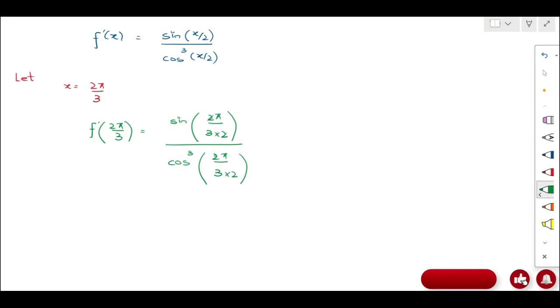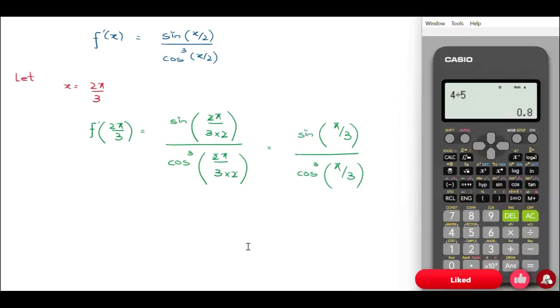Okay, this 2 and this 2 are cancelled out, and here we have sine of pi by 3 divides cos cube of pi by 3. Okay, let me solve this.